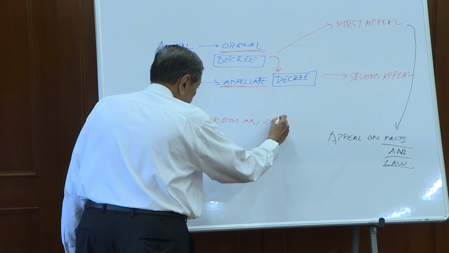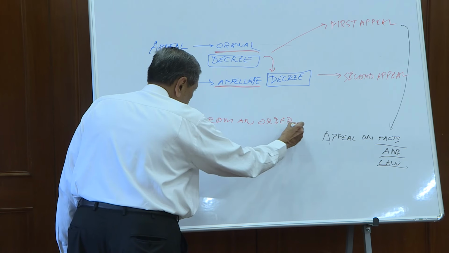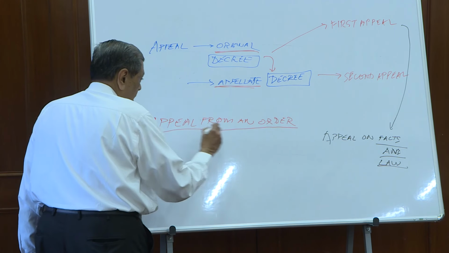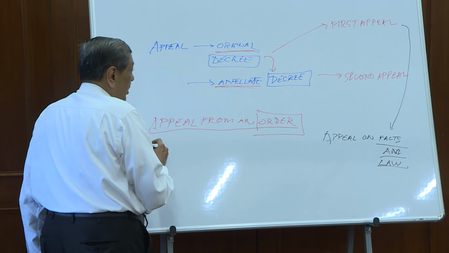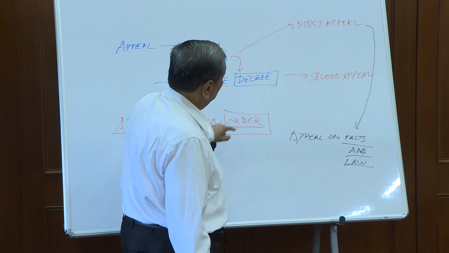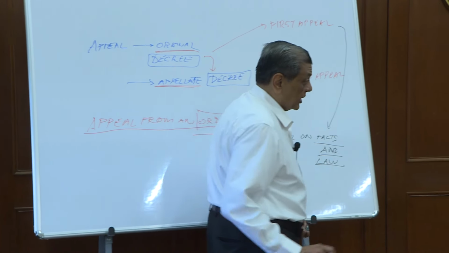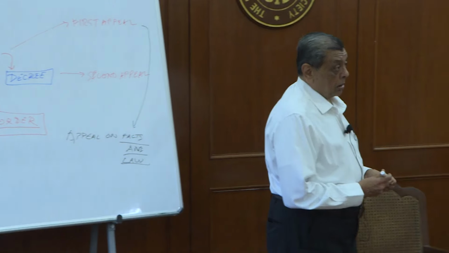Now, one of you, because we've been through this, have to tell me why an appeal from an order is different from a first appeal and is different from a second appeal. What's happening? So first appeal and second appeal are actually appeals from a decree, and those are appeal from orders.